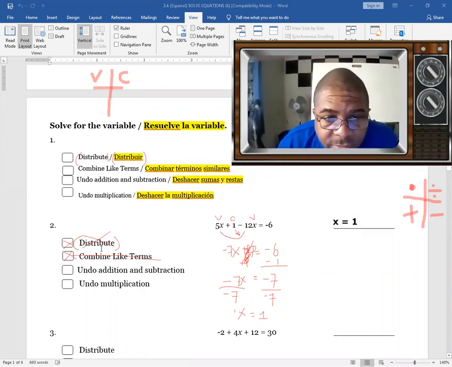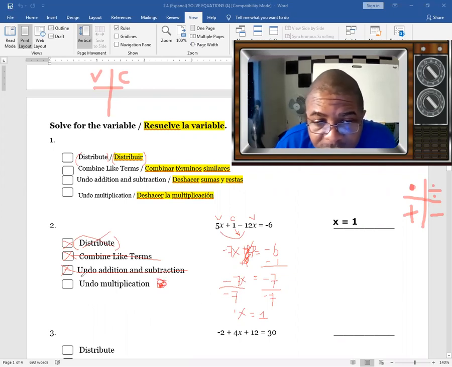So you see how we did that? We distribute. So, what else did we do? Did we undo addition and subtraction? Yes, we did that. And then we undo multiplication. How did we undo multiplication?